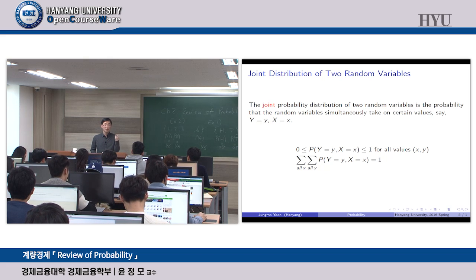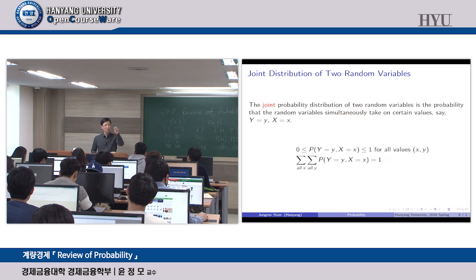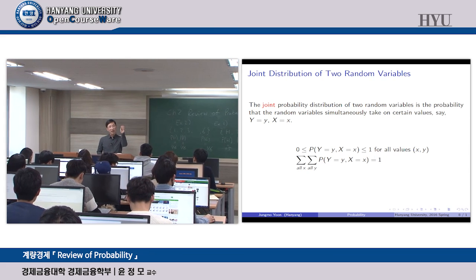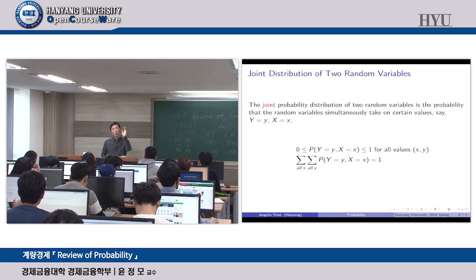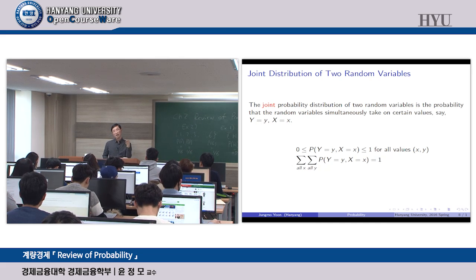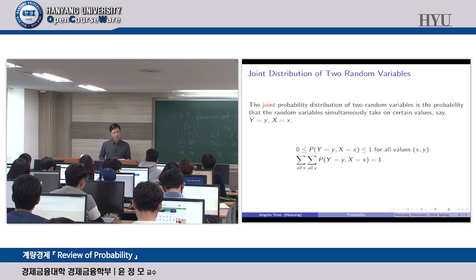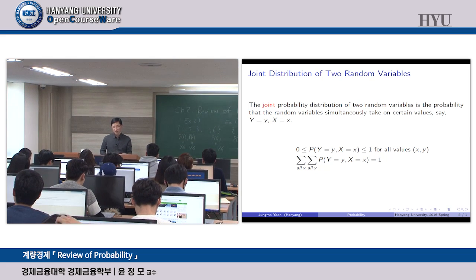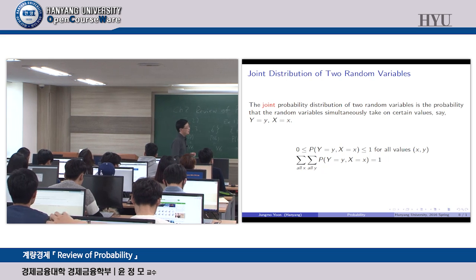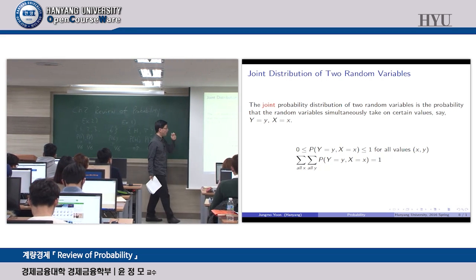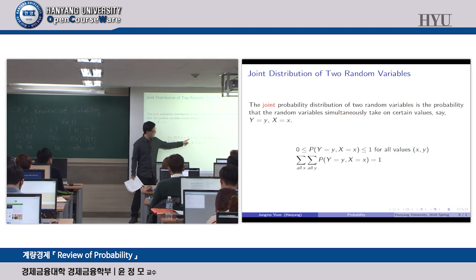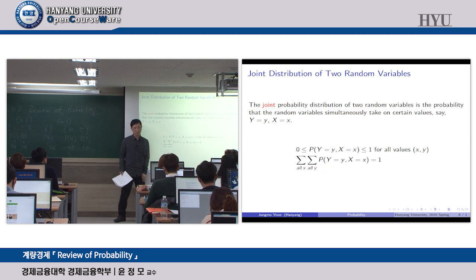Before I choose, I do not know who I'm going to choose, right? And after I choose one person, then everybody knows. So if I ask his or her wage and age, then we have a realization of two random variables, right? So that's a joint distribution. If you have all the probabilities of every possible value of wages and age, then we have a joint probability.